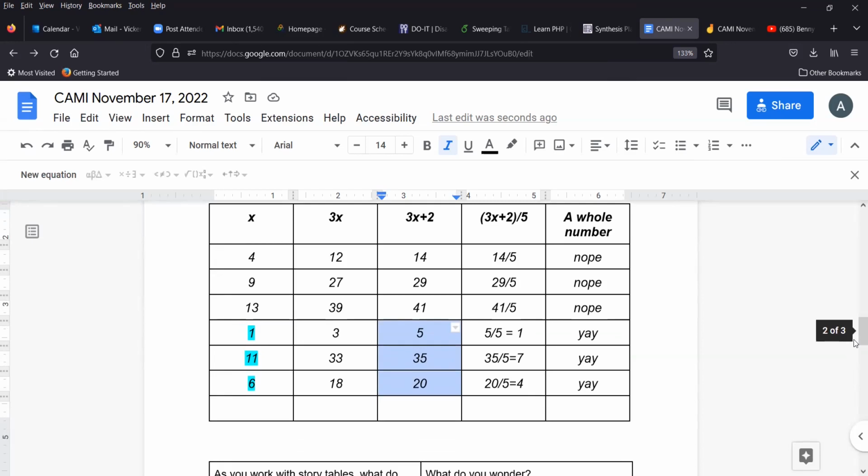I wonder if that is a coincidence, or I wonder if we could test it. I wonder if we can test it with a new number and check out your conjecture that way. So I'm just going to say another multiple of 5 is 10. Let's see.